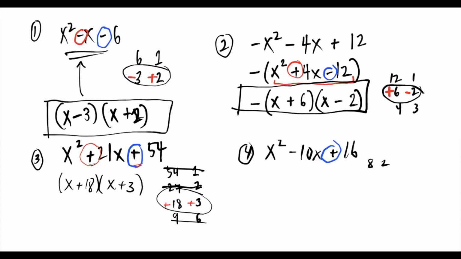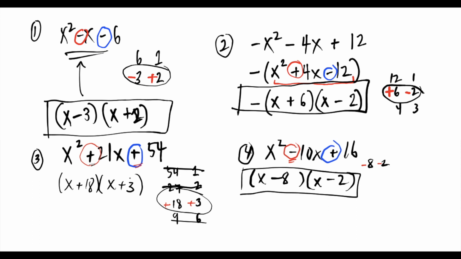Correct? Okay? Pero since negative ito, and positive itong C, ibig sabihin, pareho yung sign nila. Pareho, negative. Okay? So, negative 8 and negative 2. X minus 8 times x minus 2. Okay. So, ito yung mga final answers natin.